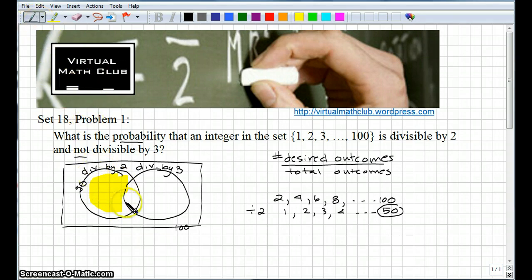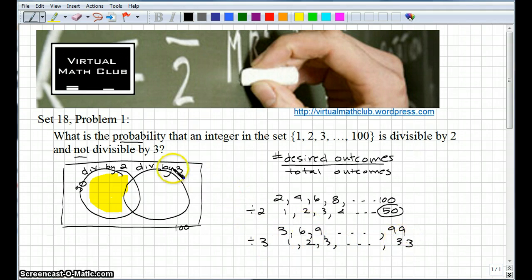So let's see. We can also figure out how many numbers are divisible by 3, right? So we know that 3, 6, 9, all the way up to 99 are all divisible by 3. And if we divide all of those by 3, we would get 1, 2, 3, all the way up to 33.